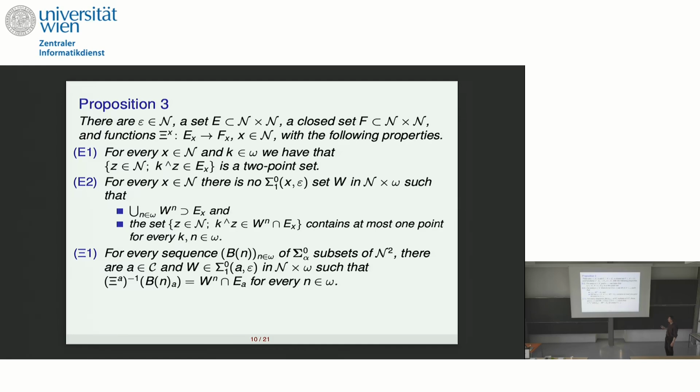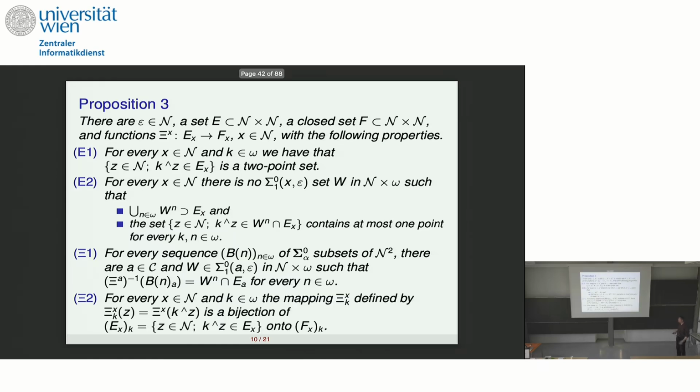So this is the same situation as here, such that the inverse image of xi A of any B and A is Wn intersection A.